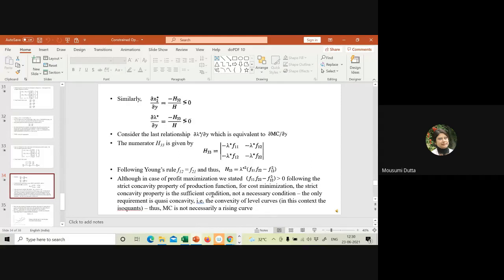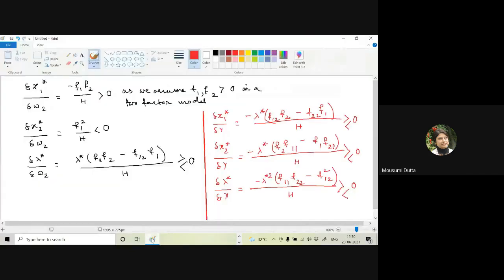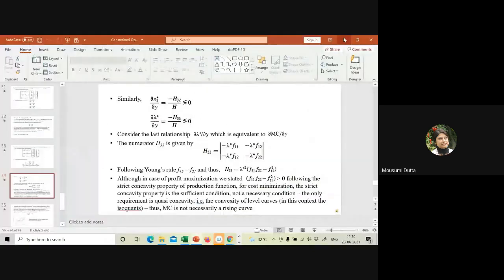Now, if it is a profit maximization kind of exercise, unambiguously we can state that f11 f22 minus f12 square, the matter you got in the last equation, will be positive. If it is the profit maximizing exercise, unambiguously we can state this to be positive. In fact, this is the required second order condition there.